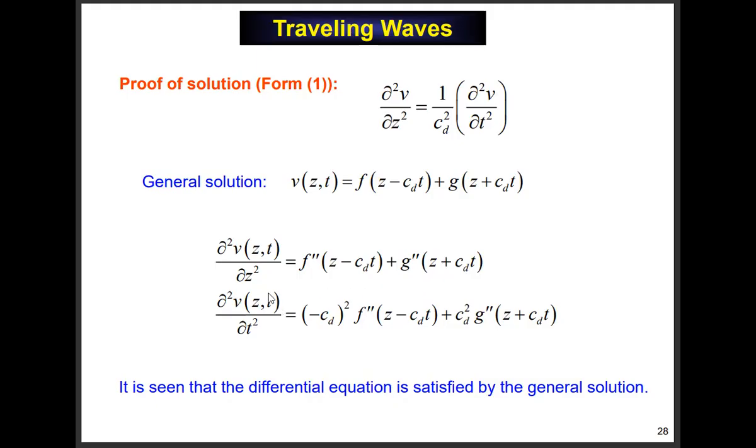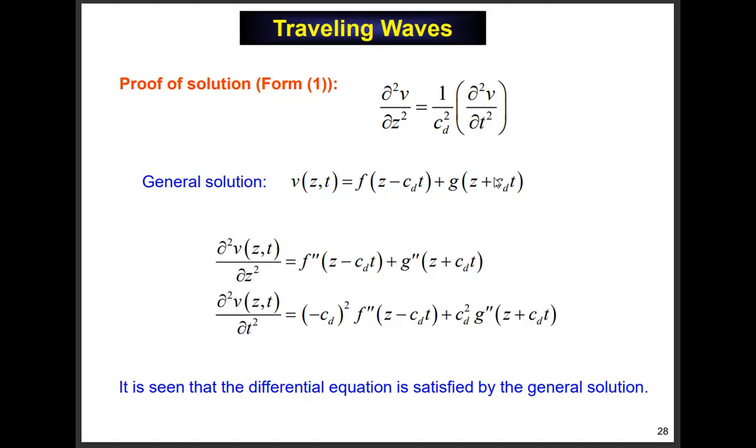Now, slightly more interesting, when I do the right-hand side and take the second derivative with respect to time, now you really need the chain rule. If I take the first derivative here with respect to time, I'll put a prime there, but then calculus says go in and take the derivative of this with respect to time. So I put a minus cd. If I take the second derivative, one more time derivative, I put another prime, another cd gets factored out, so really minus cd squared.